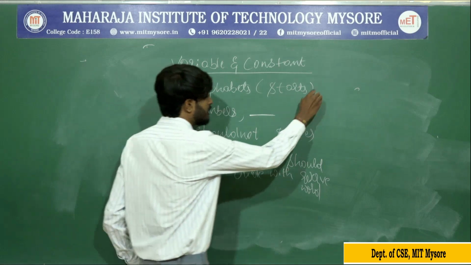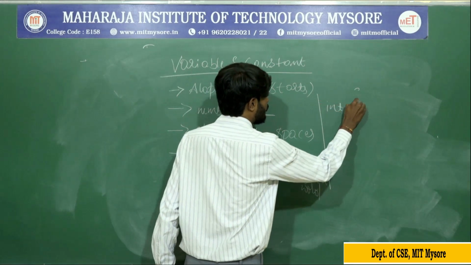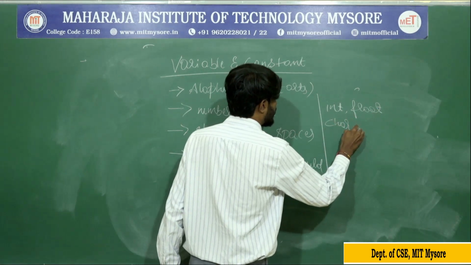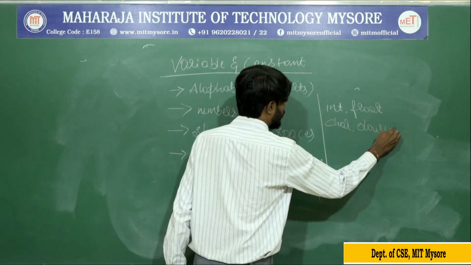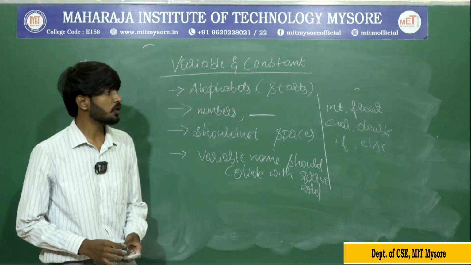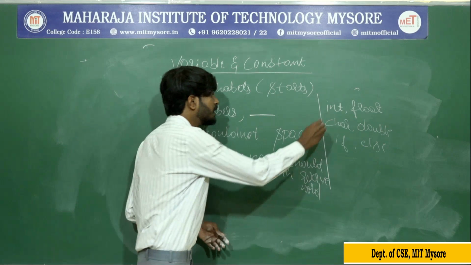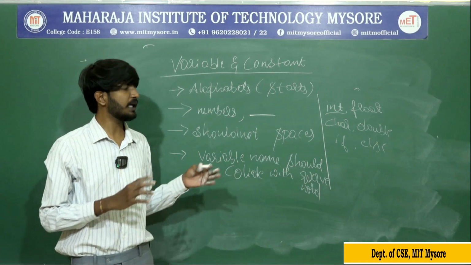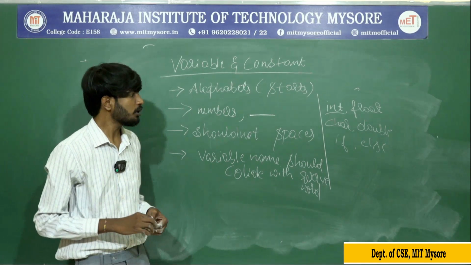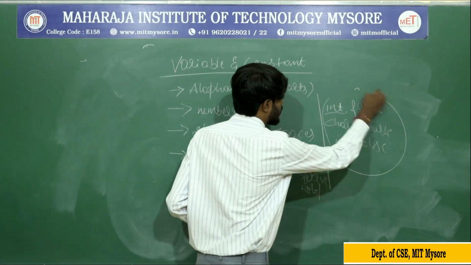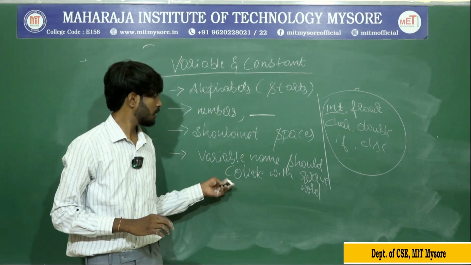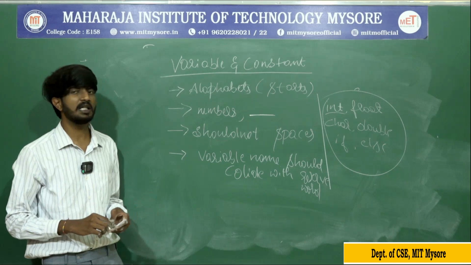Reserved words are like int, float, char, double, if, else, for, while, do. So these are all the reserved words. If I give int, the function of the int keyword is already programmed in the compiler. So you need not use these reserved words. Overall 32 reserved words are there in C programming. You need not use the reserved words as the variable name.